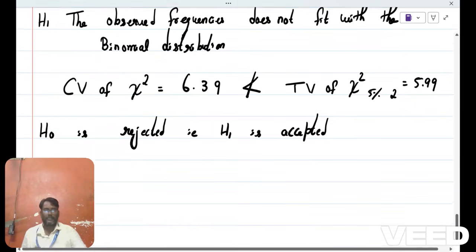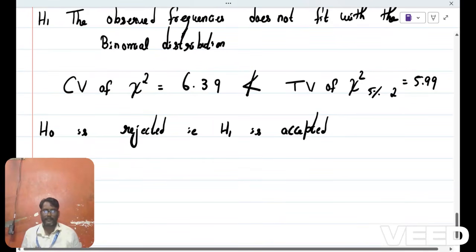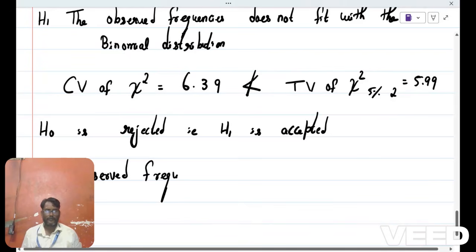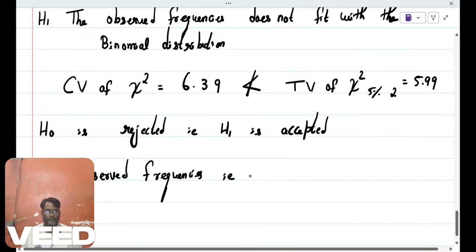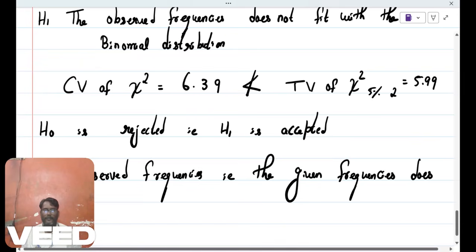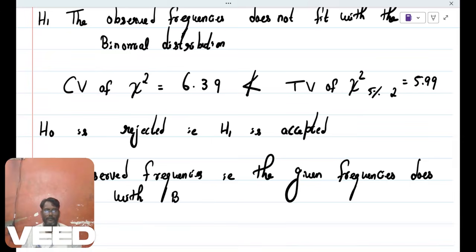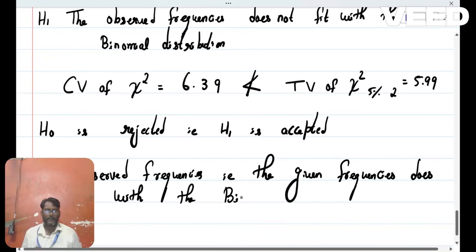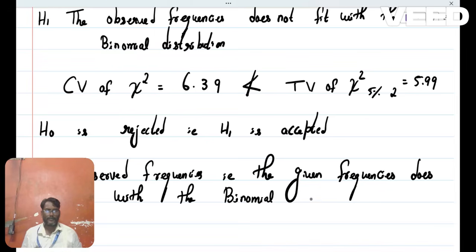The conclusion is that the observed frequencies, that is the given frequencies, do not fit with the binomial distribution.